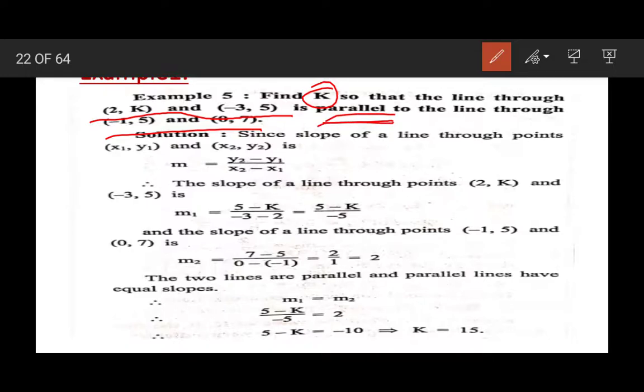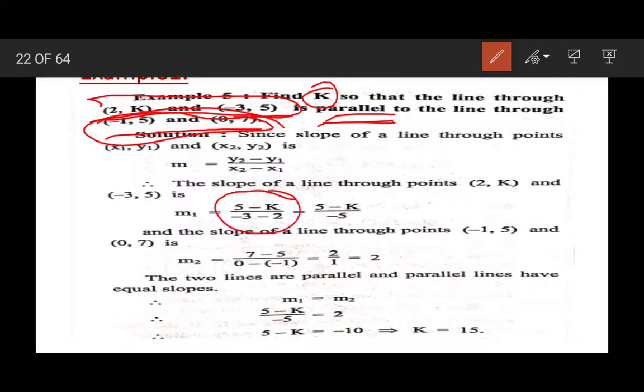When lines are parallel, their slopes are equal, right? So the slope of this line will be the same as the slope of the other line. The slope of the line passing through the points (2k, -3) and (5, k) is y2 minus y1 upon x2 minus x1. So let's use the formula.